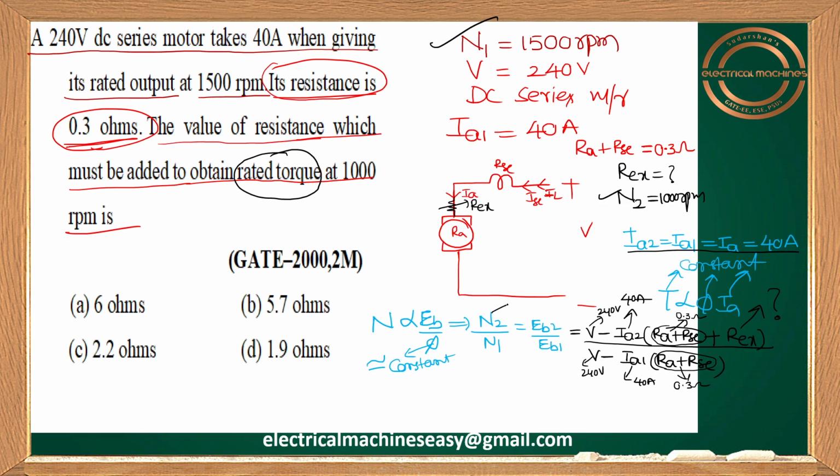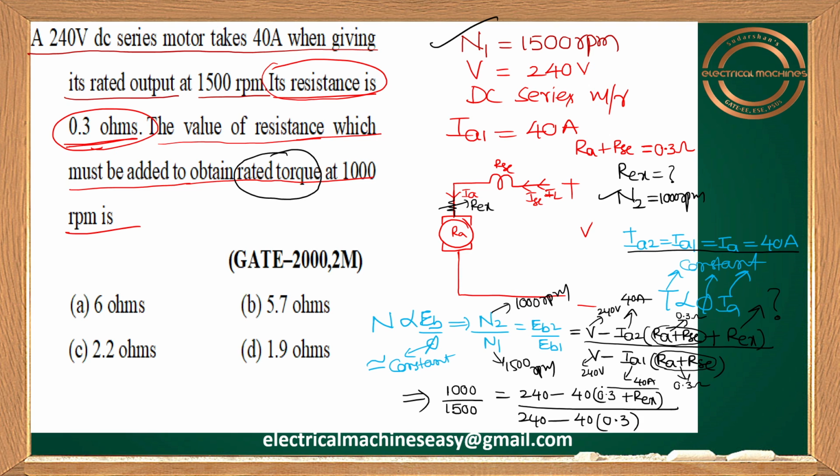And I think you know the N2 value, how much has he given? 1000 RPM. And what about the N1 value? 1500 RPM. So please tell me what answer you are getting by substituting all those things. N2 means 1000 by N1 means 1500 is equal to 240 minus Ia2 means 40 into Ra plus Rse means 0.3 plus Rx, which you have to find, divided by 240 minus Ia1 means 40 into 0.3.